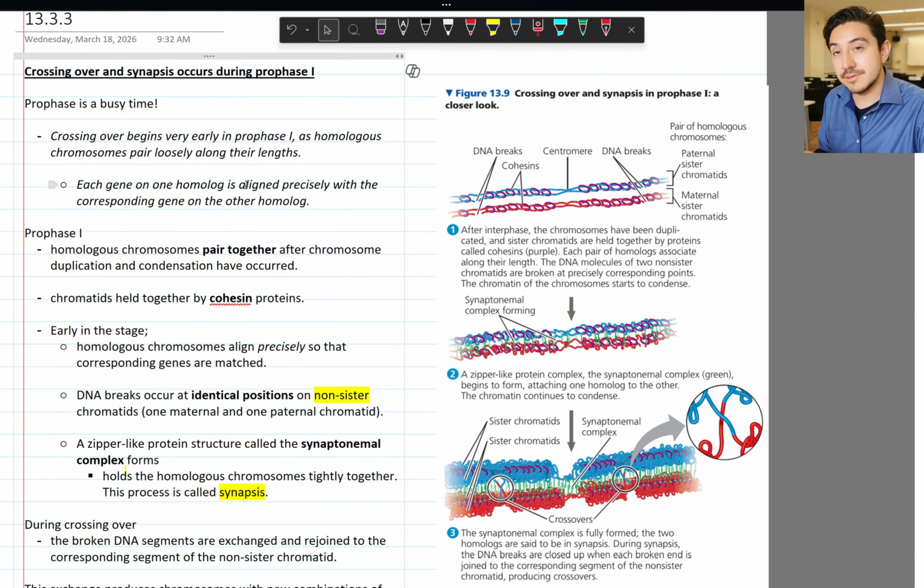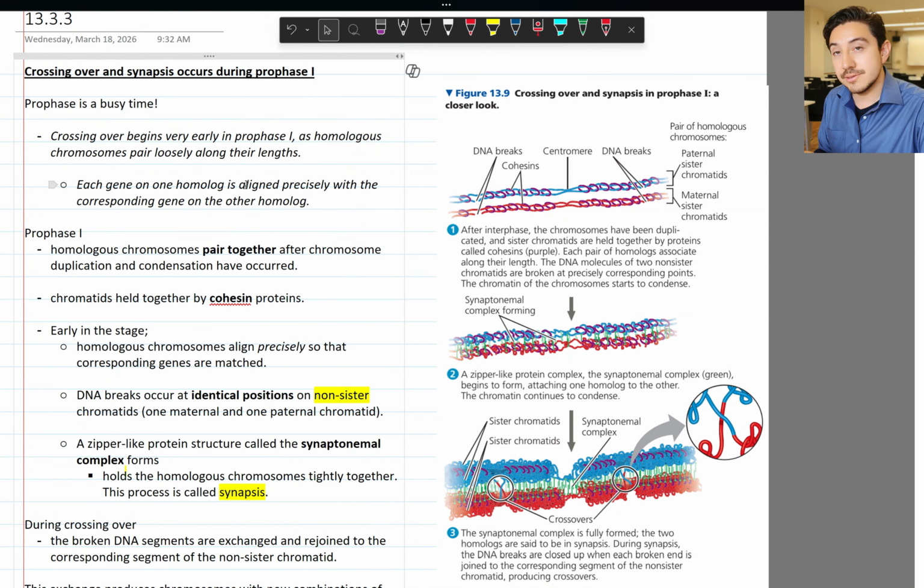And then these homologous pairs will basically align themselves precisely at each particular loci of the genes. Because of the cohesion proteins, they keep everything stabilized. And also, there's the formation of what is called a synaptonemal complex.